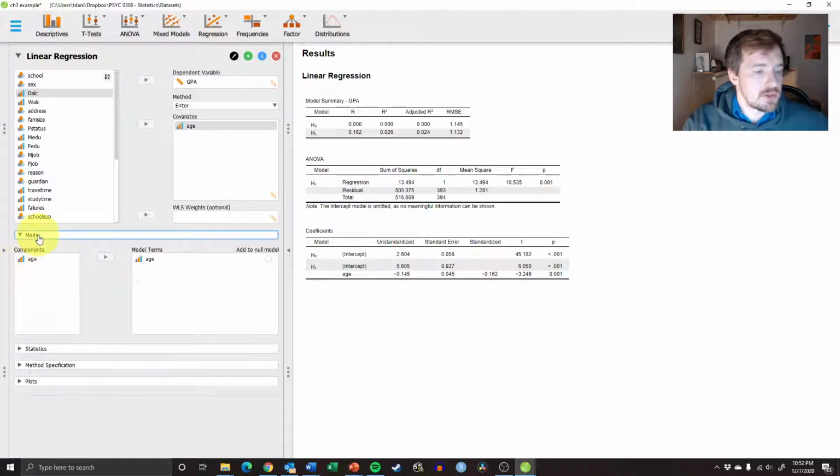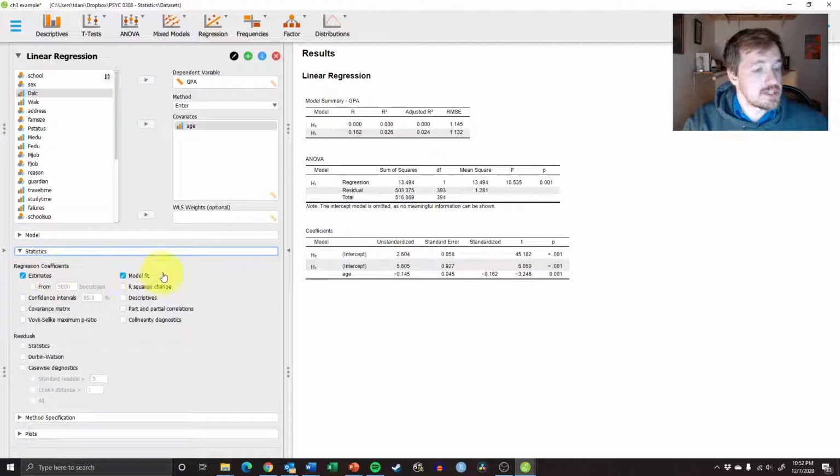You can also look at different statistics. You'll note that when I'm looking at the coefficients here, I have unstandardized, which is what I've been using, but I also have standard error, and that is because each of these estimates also has its own variability. So the standard error for the y-intercept, the standard error for the age coefficient, things like that.